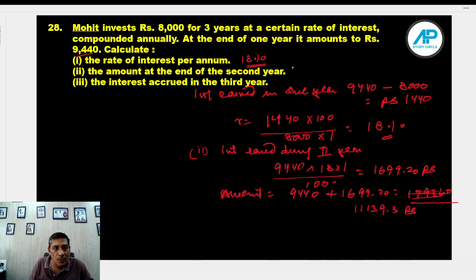Amount at the end of second year, rupees 11139.2. Now the interest accrued in the third year.